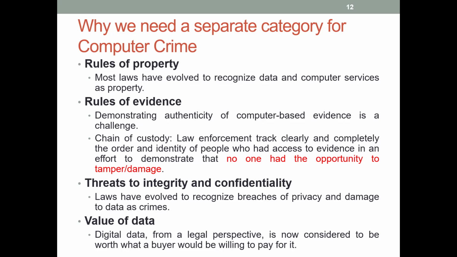If someone steals something, we often cannot find the physical identity of the criminal, because they hide their original identity on the electronic platform. So we cannot apply the same evidencing aspects we use for physical crimes to computer crimes. That's why we are separately defining some laws.